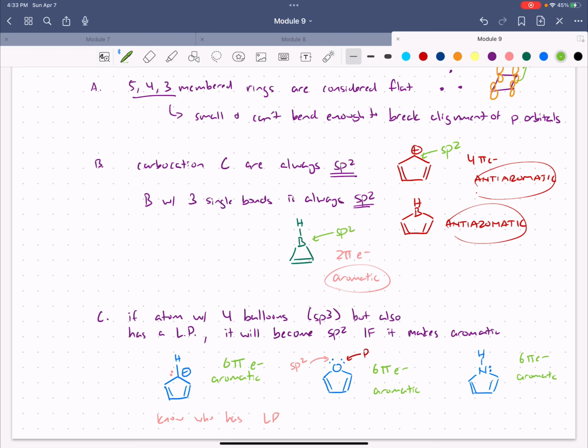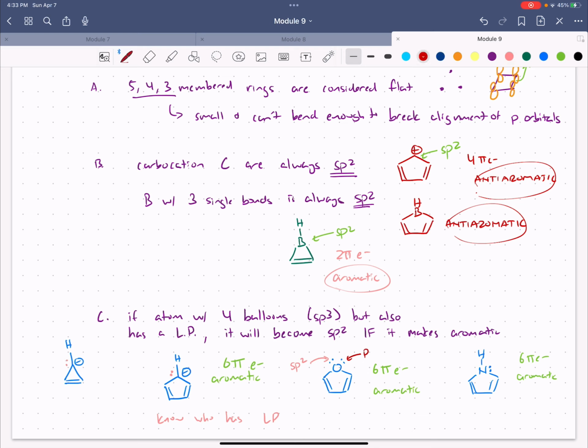Now, this is just coincidence that they're all aromatic. There are cases where you want to keep it as sp3, and, here, I'll show you a case for that. How about a 7-membered ring? Give me 1 second. No, I want to make it flat. I want to force you to make it flat. So let's do a 3-membered ring, and there's your negative. So we have a lone pair right there.